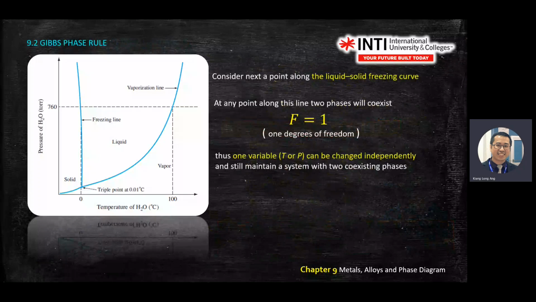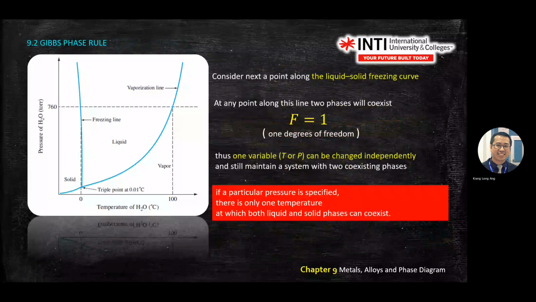So 1 degree of freedom means one variable, temperature or pressure, can change independently and still maintain a system with 2 coexisting phases. So if you want to work on this line, you can either change temperature or pressure. This one is an application.